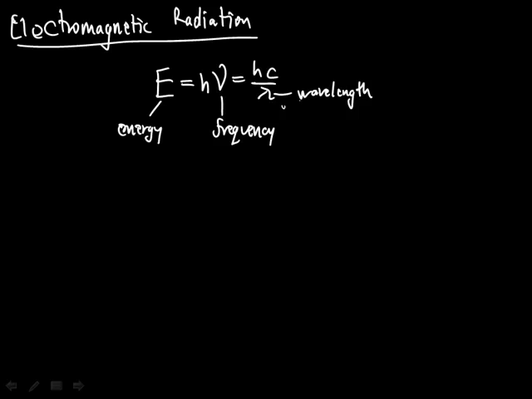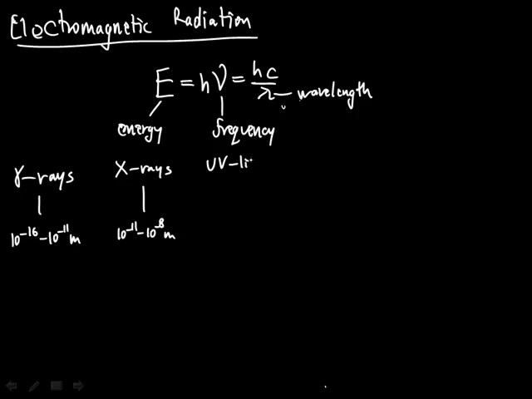We're going to introduce you to the electromagnetic spectrum by starting with the most energetic rays, and these will be gamma rays. Their wavelength is very short, which means that their energy is very high. This is at 10 to the minus 6 to 10 to the minus 11 meters. They're followed by X-rays, which are still highly energetic, but not quite as energetic, 10 to the minus 11 to 10 to the minus 8, followed by different kinds of UV light.